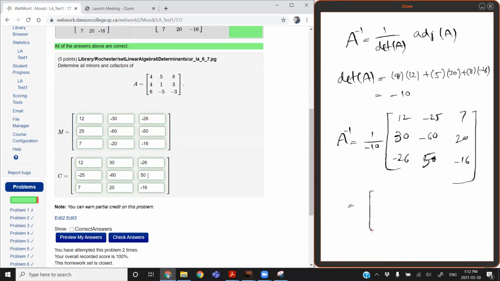So I can also write that as negative 1.2, 2.5, negative 0.7, negative 3, positive 6, negative 2, 2.6, negative 5, and positive 1.6. So that would be the inverse of this matrix.